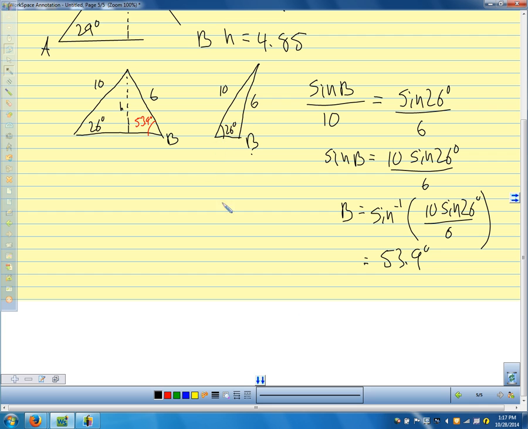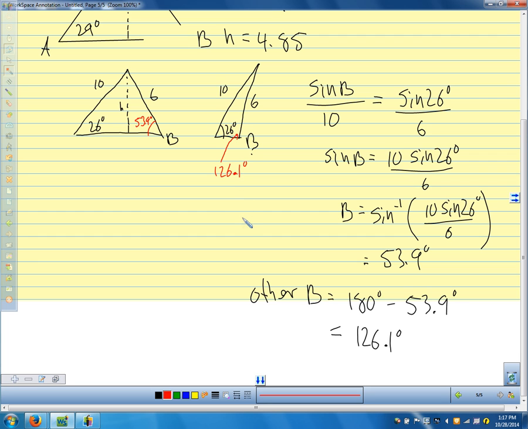The other possible angle B, our other B, is 180 minus 53.9 degrees. And when I calculate that out, I get about 126.1 degrees. And this angle here would be 126.1 degrees. So those are the two possibilities for angle B.